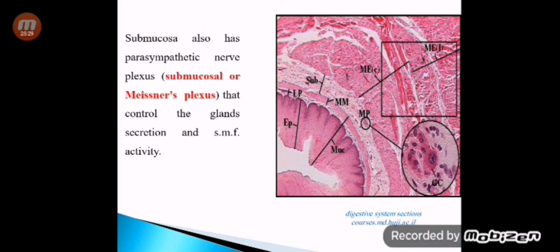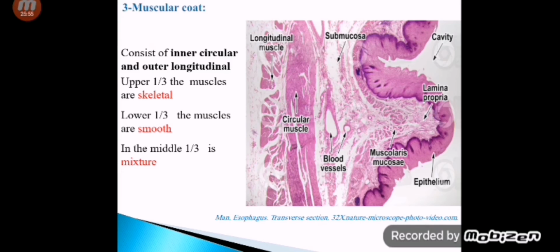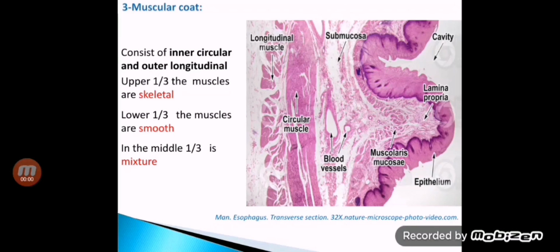The submucosa also has a parasympathetic nerve plexus named the submucosal or meissner plexus that controls the gland secretion and the smooth muscle activity. In this slide, this is the lining epithelium, lamina propria, muscularis mucosa, and this is the submucosa containing the plexus. This is the plexus under high power.